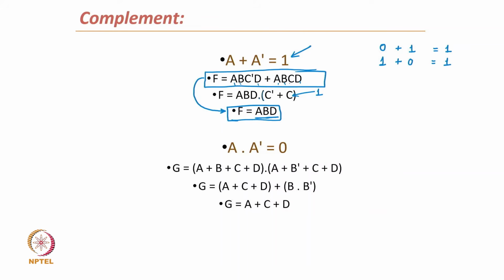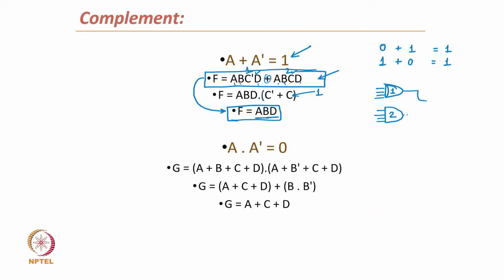This optimization of expressions is very important, because if we see carefully here, we needed a 4 input AND gate, A, B, C dash, D for this block, and a 4 input AND for this. Let us say this is term 1, this is term 2, and then we have to add them.